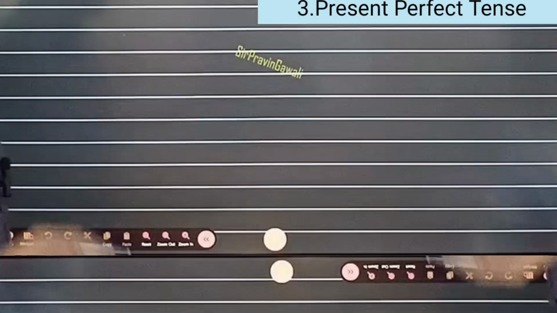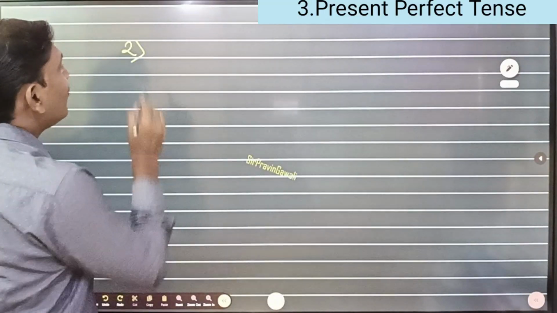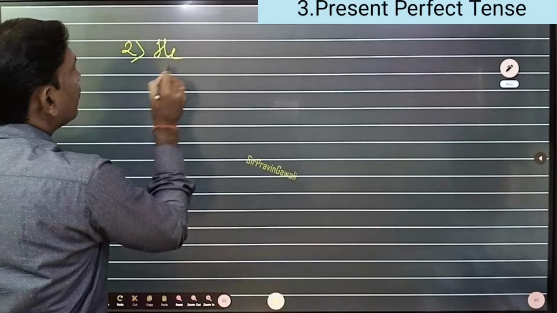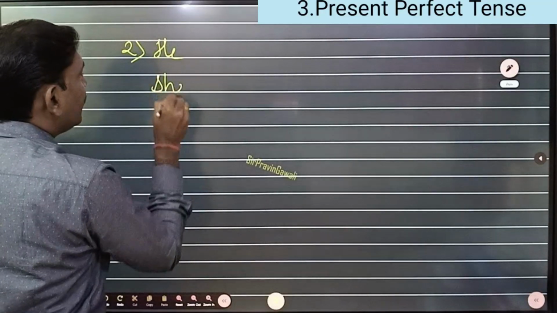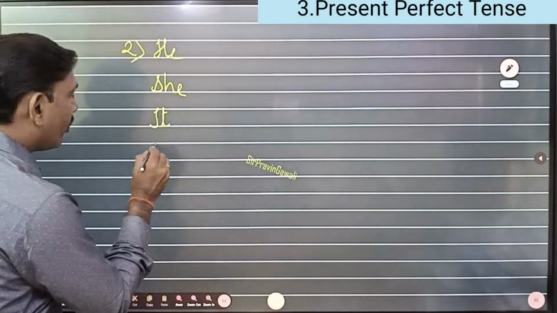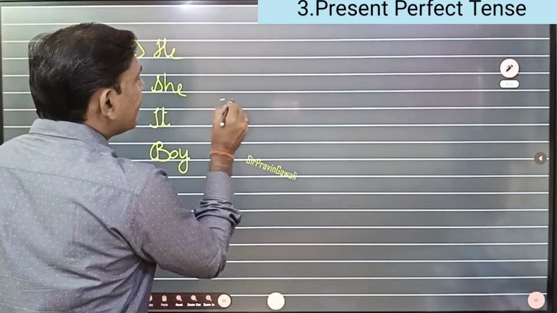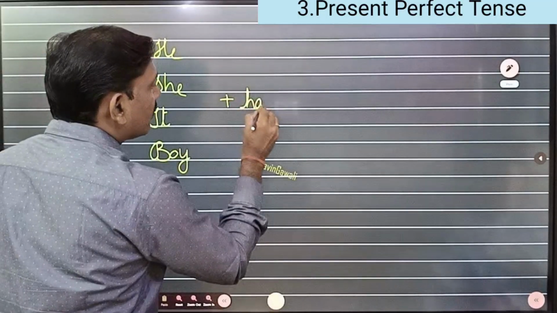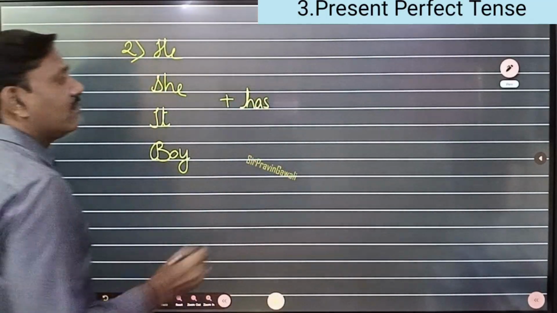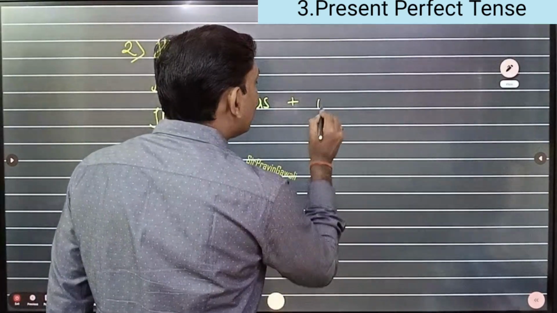Now, let's try to understand the next example I would like to give you. Here, that is the second one. If it is now he, she, it, and any singular noun, for example, boy. Okay, then we will take has, the form of have, that is has, and plus the third form of the verb, that is written.